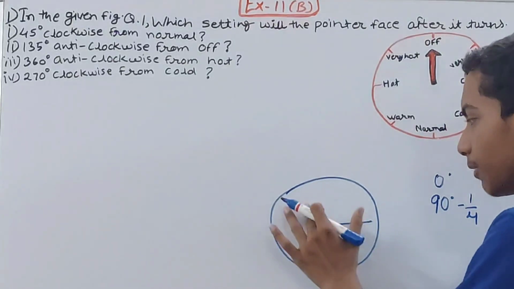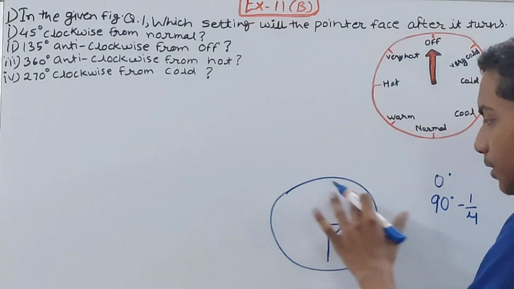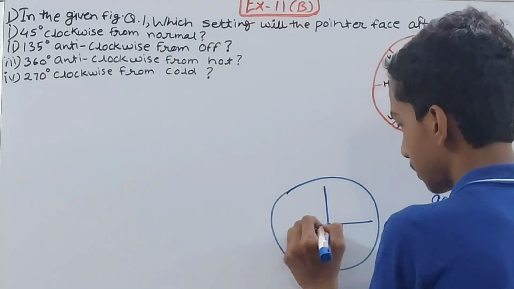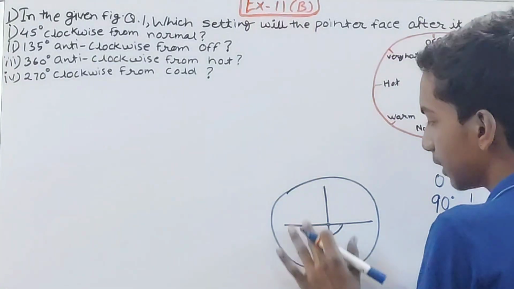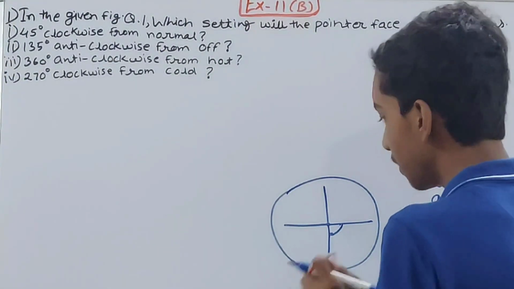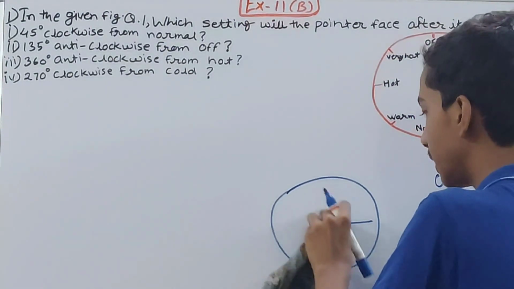So there are 4 parts in total: 1, 2, 3, 4. One part we have covered, and there are 3 other parts. That's why 90 degrees is called 1/4 of the rotation.